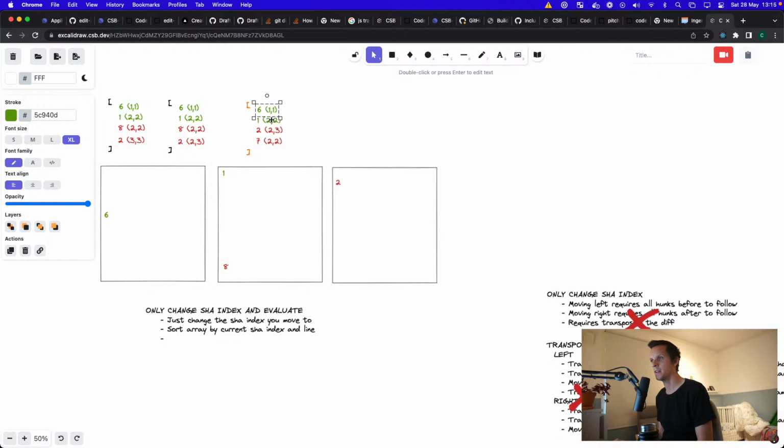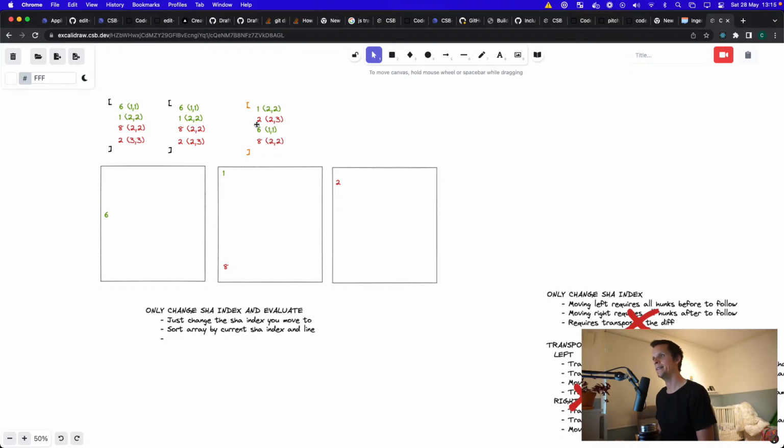It was actually on line. So what if we did this instead? We sort all the changes made to all the lines in order. Let's see, this should be 8 for now. So what if we did this?